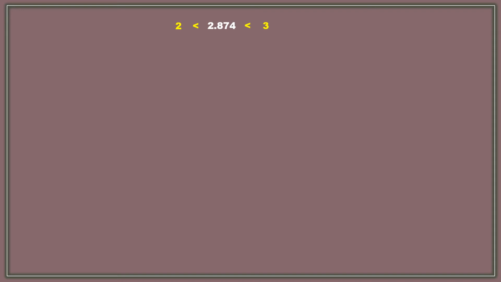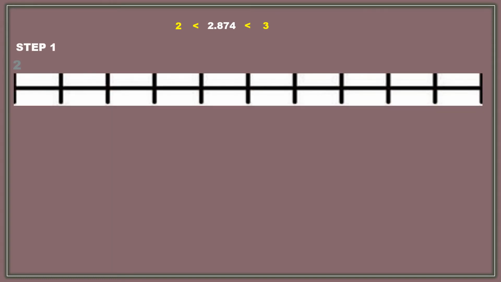We know that this number is lying between 2 and 3. So let me take the number line. It is lying between 2 and 3, right? Now between 2 and 3 you have the numbers 2.1, 2.2, 2.3 in that way. So let me take the numbers 2.1, 2.2, 2.3, 2.4, 2.5, 2.6, 2.7, 2.8, 2.9, right?